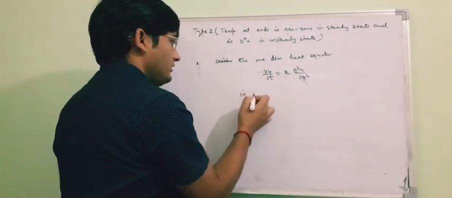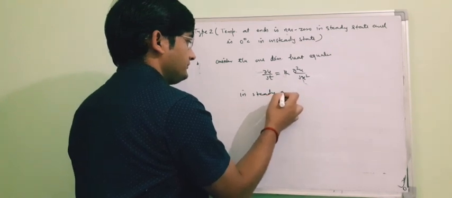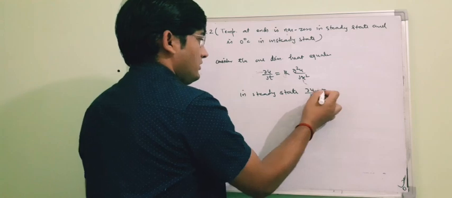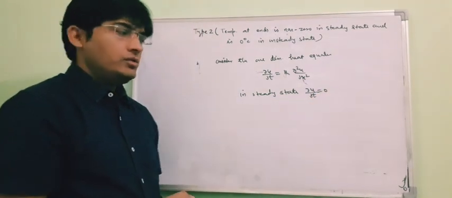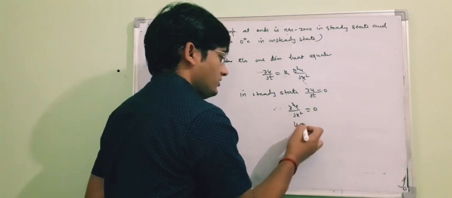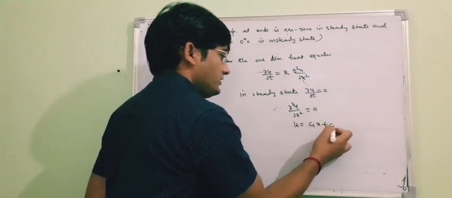Now in steady state, your del U upon del t will be 0, therefore del 2 U upon del x2 equal to 0, or you can say that on integration your U will be C1x plus C2.